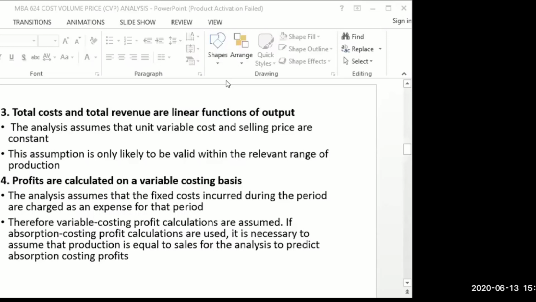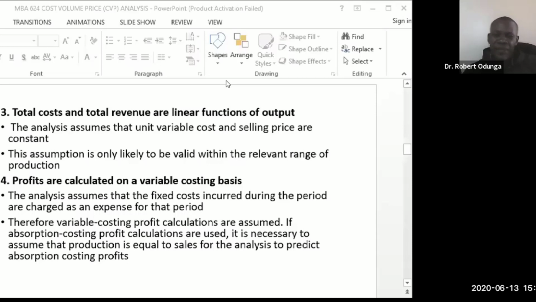Yes, I agree with you wholeheartedly. But every model has its own limitations as well. So this is a limitation of this model. As much as it has assumptions and is useful in decision-making by managers, it also has its own limitations.